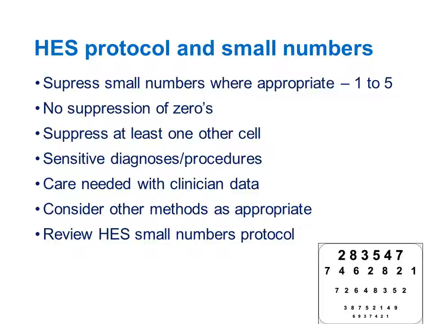We just discussed whether or not data is releasable based on the risk of re-identification. But the hospital episode statistics, or HES data, has some specific rules set out by the Health and Social Care Information Centre about what can and cannot be released. In particular, it highlights some key areas. It identifies small numbers as being the numbers 1 to 5 and the situations in which it may or may not be appropriate to publish these.